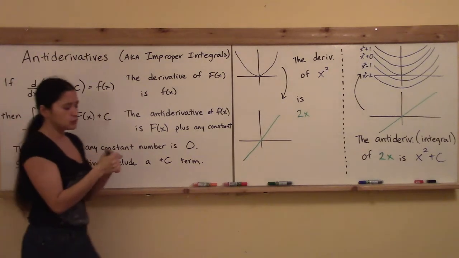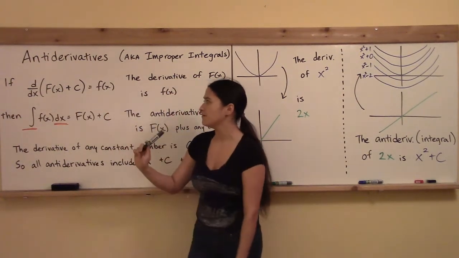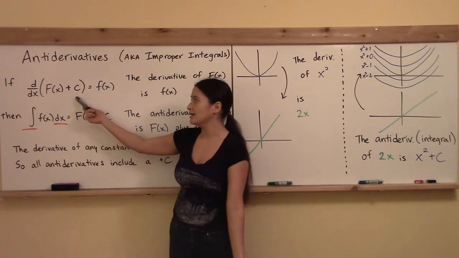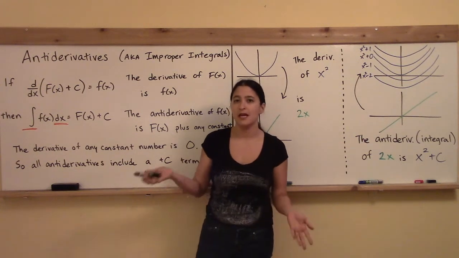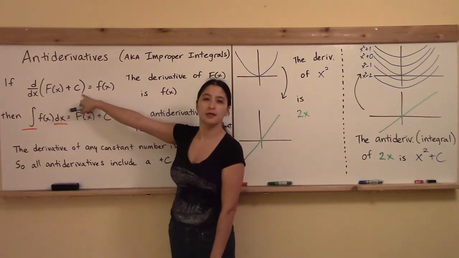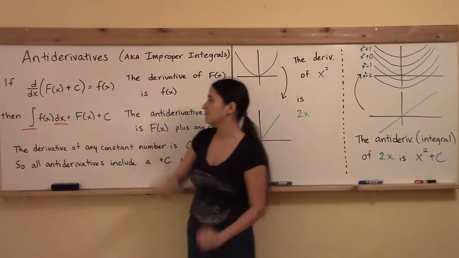You see, by the addition rule of derivatives, the derivative of capital F would be little f, and the derivative of any constant number that I add, here the plus c stands for any number, 1, 2, minus 7, 84, any number you can think of. The derivative of all numbers is 0, right? So this is going to disappear when I take the derivative.